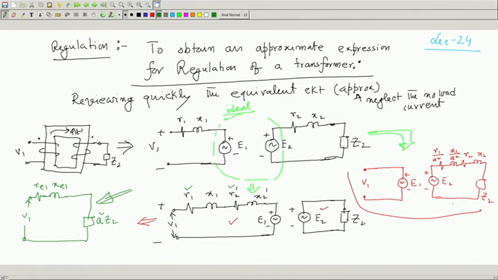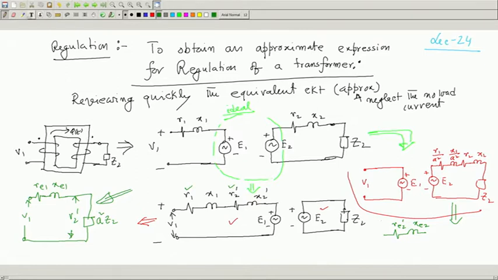Similarly, this one means what? And you will show here it is V 2 dashed. Here similarly, this will be shown as R E 2 and X E 2.